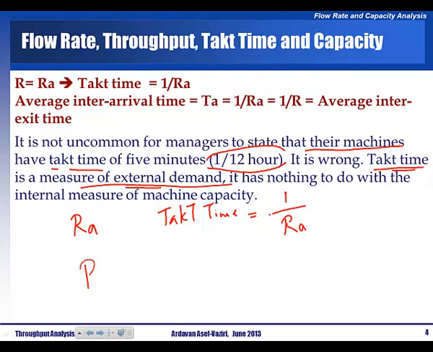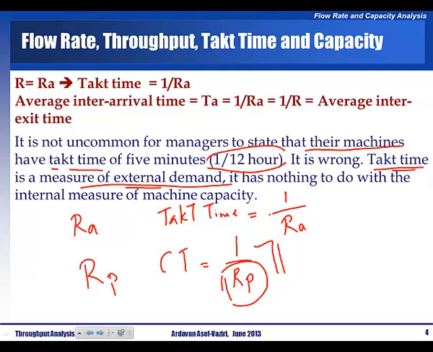If RP is capacity, cycle time is equal to 1 over RP. RP always is greater than RA. In a very risky case, it may be equal to RA.